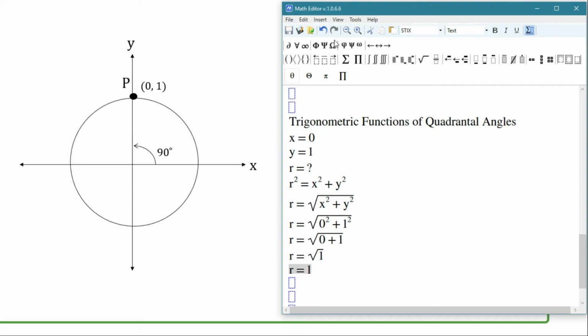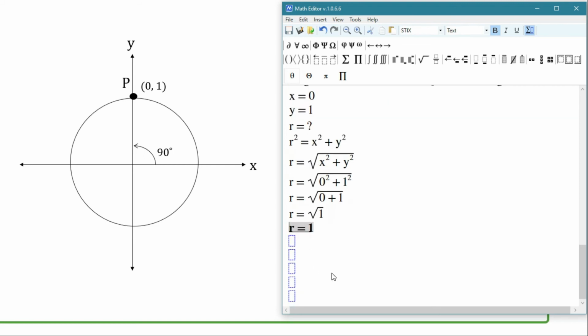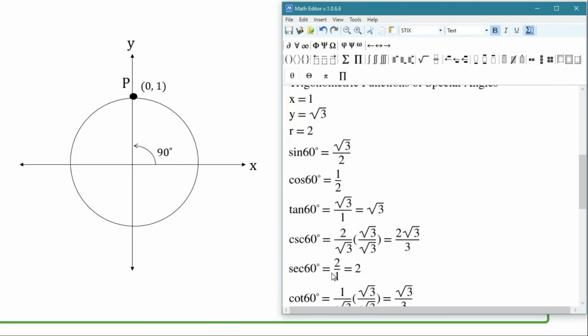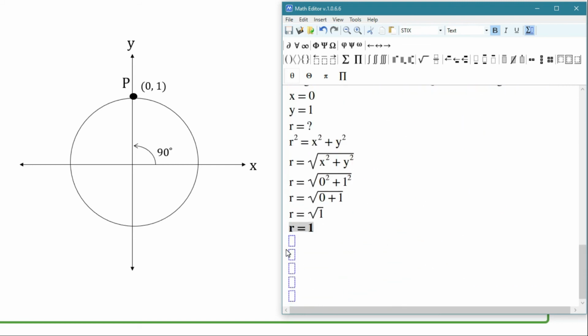Since we already have the three values, the x, the y, and the r, we will be able to find the different trigonometric functions. Let us have the first one, the sine of 90 degrees.